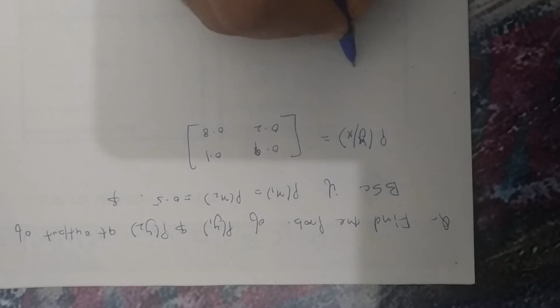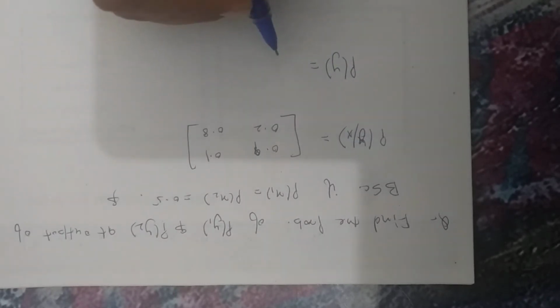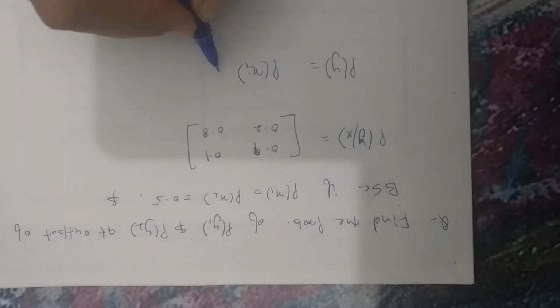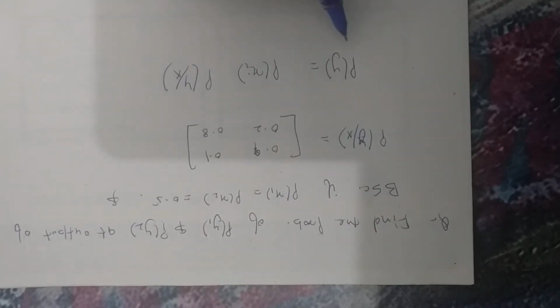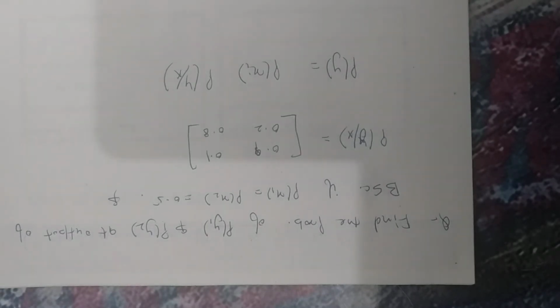That is using the relation P(y) is equal to P(xi) into P(y/x). This is the basic formula that we will be using today to calculate the value of output.